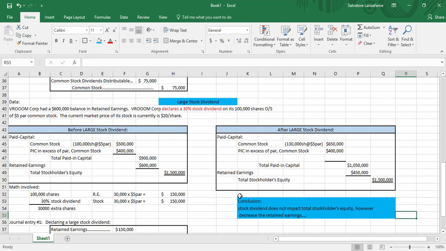However, let's say common stock increases and there is a decrease in retained earnings. So the components within the stockholders' equity kind of change amounts. One goes up, one goes down, but they're offset by the same amount. And again, notice that the total stockholders' equity remains the same.